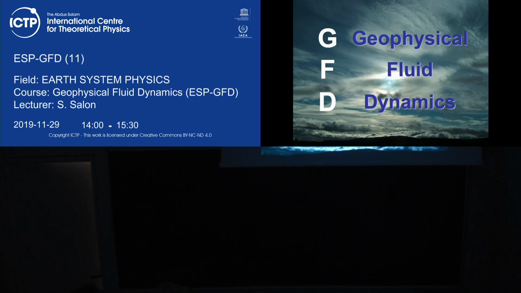I don't like warm weather. It's pretty nice because it shows you a lot of phenomena that are actually subject of GFD: these high-level clouds, these low-level clouds. Then you have some turbulence here. Then we have the sun, of course, and some optical phenomena close to the sun. So it's something that I like to show just to introduce the course.